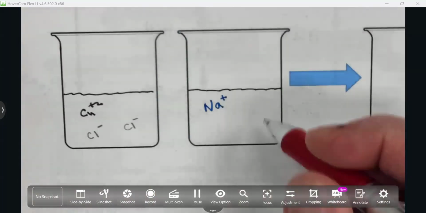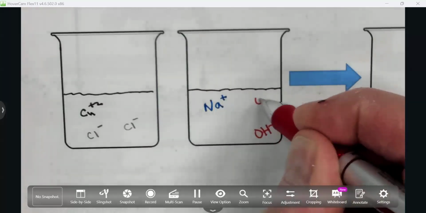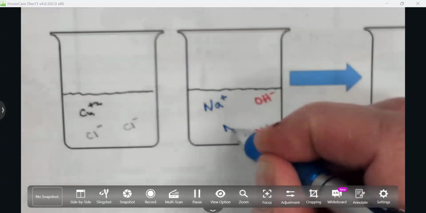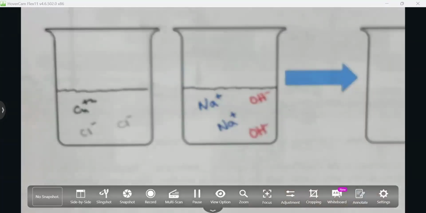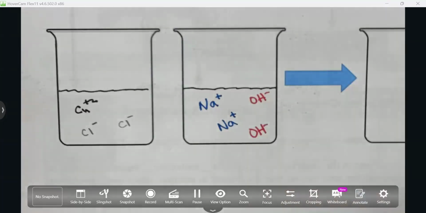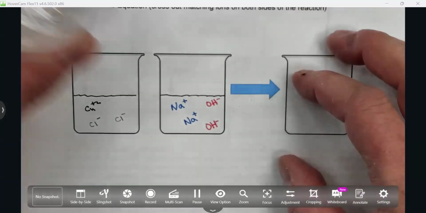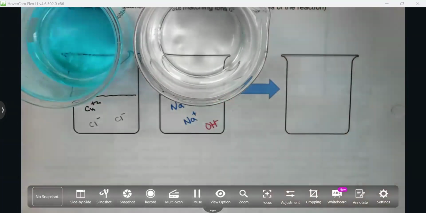Oops. And we've got 2 sodiums floating around in there and 2 hydroxides. Here's this one. Here's this one.